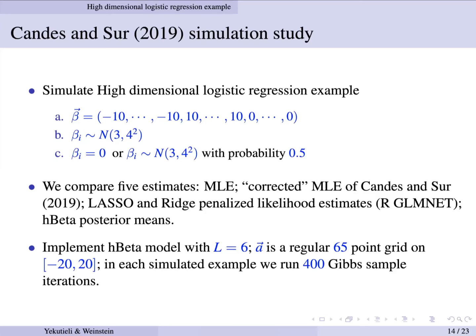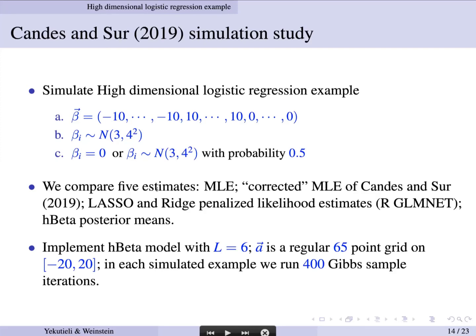Configuration 2: all the betas were sampled from a normal with mean 3, standard deviation 4. And they had a third example: betas were either 0 with probability half, or from this normal with mean 3, variance 16.